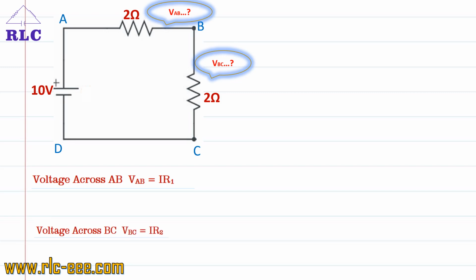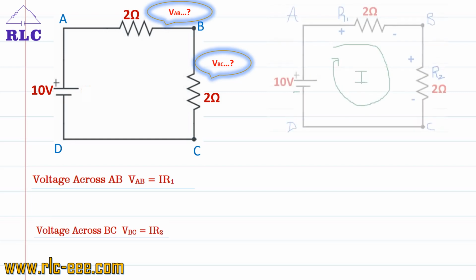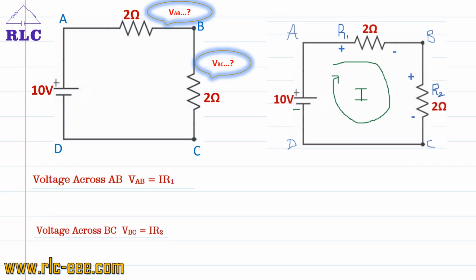Write the circuit as it is and mention the loop, that is, the loop is in the clockwise direction. Write the plus and minus signs indicating higher potential and lower potential. We are tracing the circuit in a clockwise direction, that is A, B, C, D. Now apply the KVL.